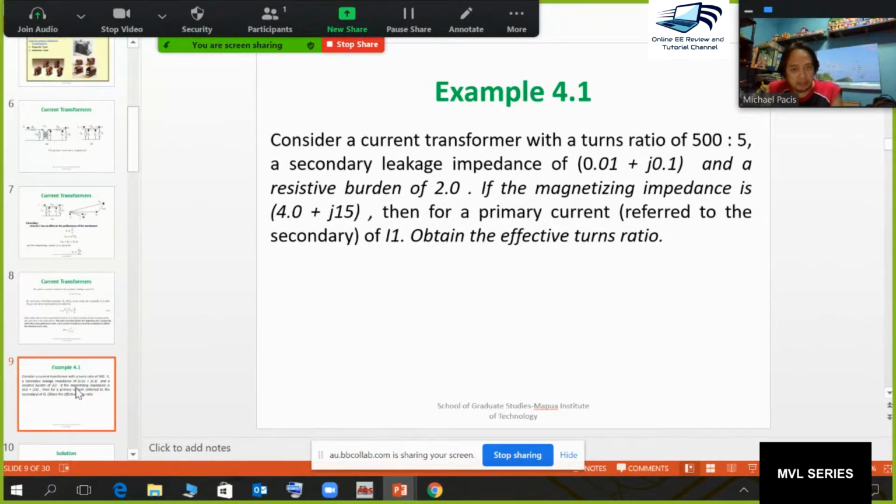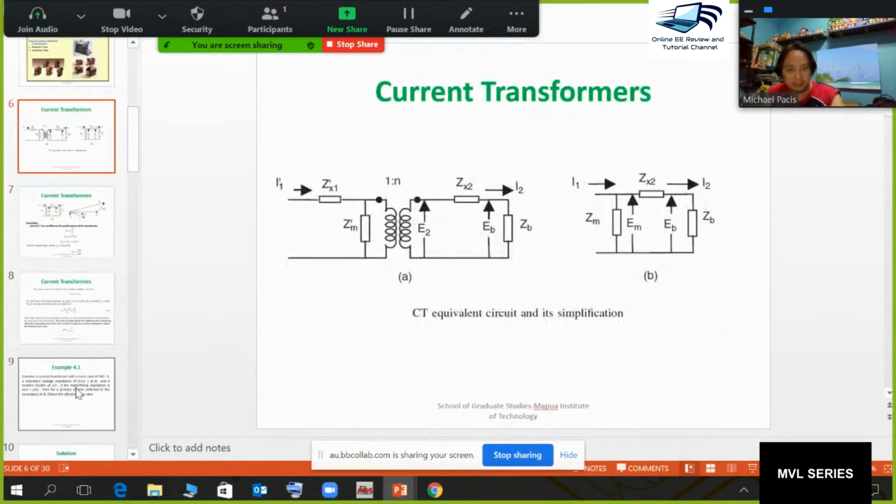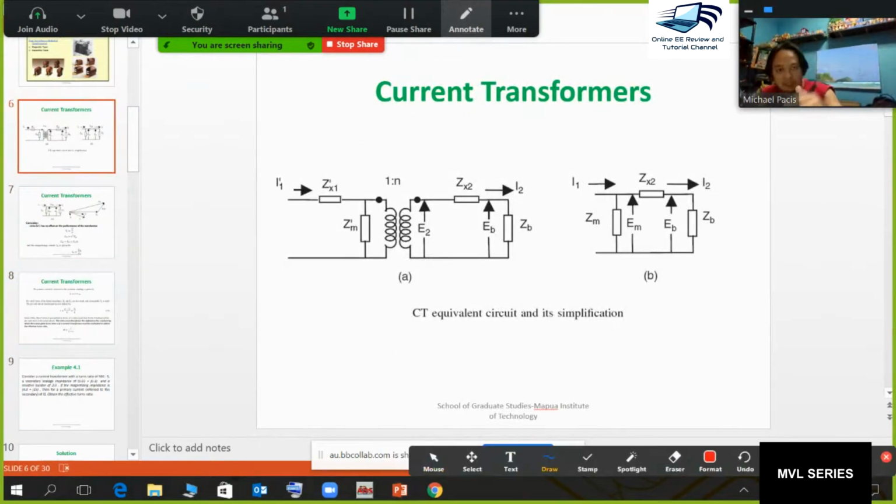Consider a current transformer that has a turns ratio of 500 by 5. The 5 there is an IEEE standard, because 5 amperes is on the secondary side. Now the secondary leakage impedance is 0.01 plus j0.1 and there is a burden of 2. We can go back here. This is the burden, the leakage impedance, and the magnetizing impedance.